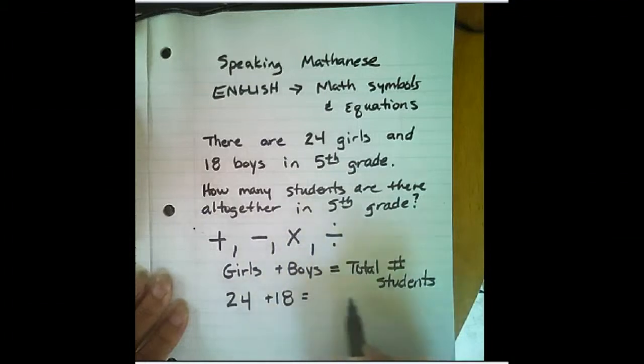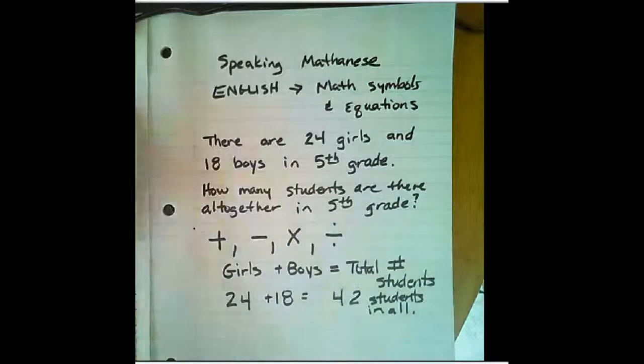I would add those. And I would say there are 42 students in all. Now that's usually a really typical question that kids will see in their math books, like how many in all. And I think for the most part, it makes sense to you. It wouldn't make any sense to add the 5 for 5th grade.